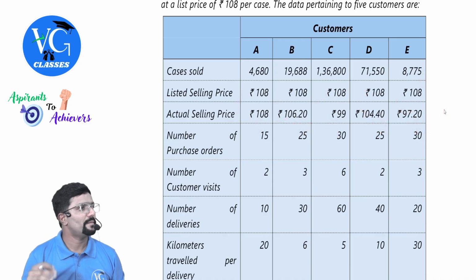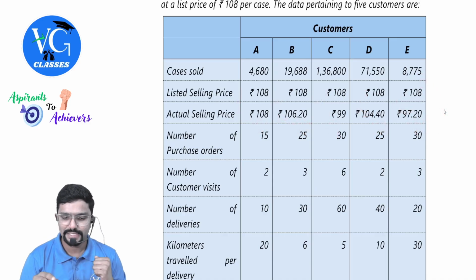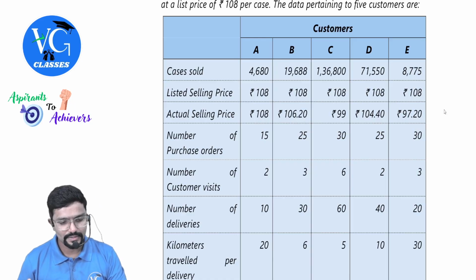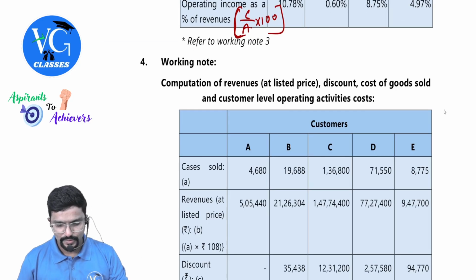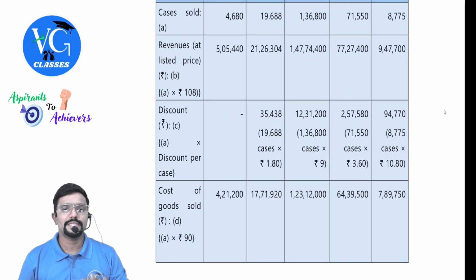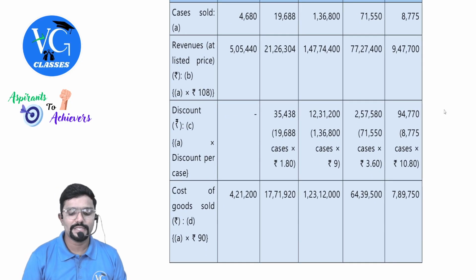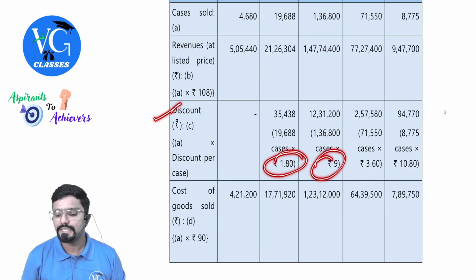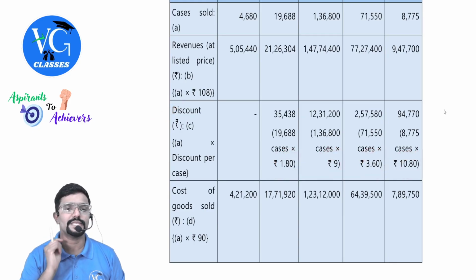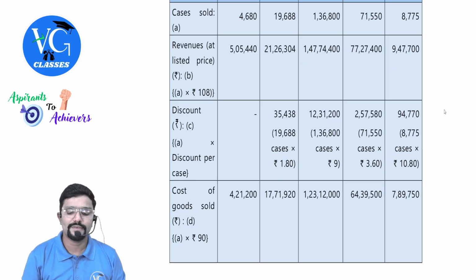Multiply it with units. Revenue at listed price, that is before discount. Then discount we have calculated per case first and then multiplied with number of cases. First case there is no discount at all, so ignore.